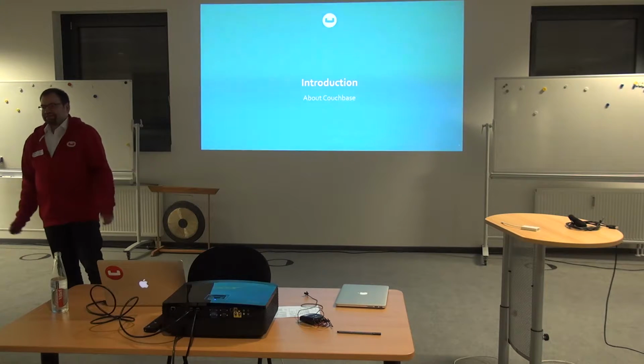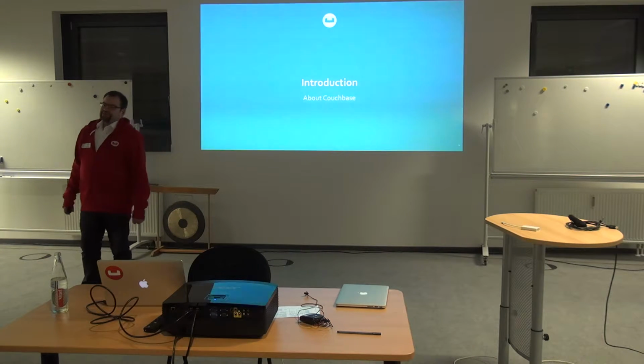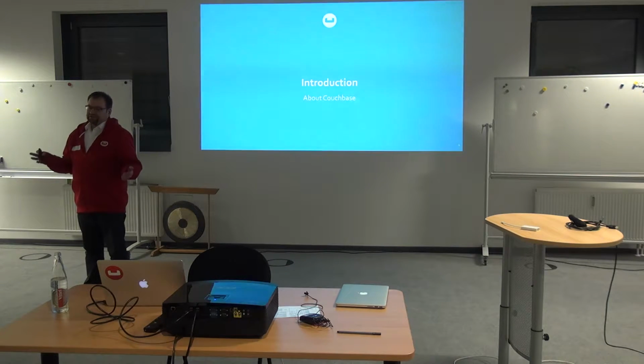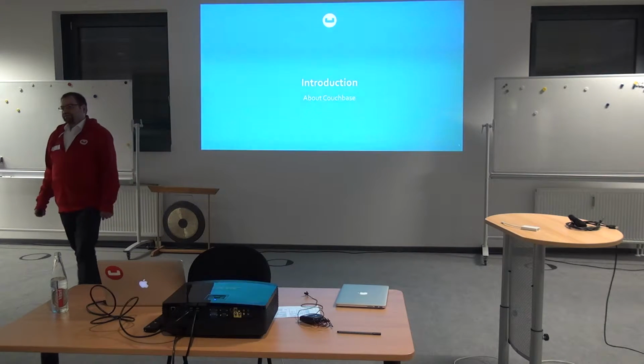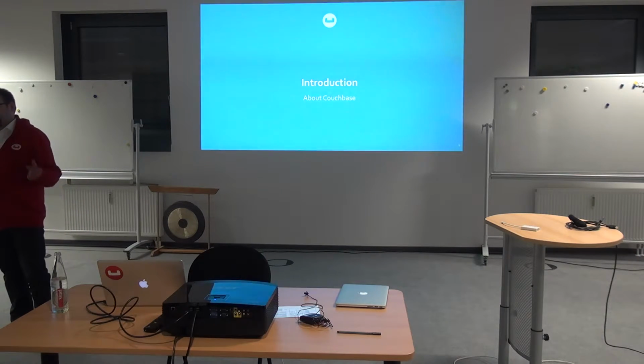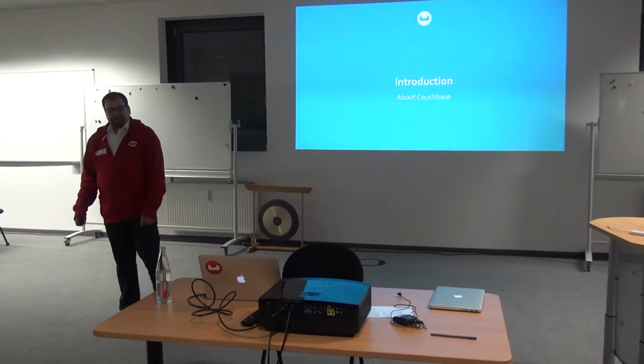Okay, what's Couchbase? So Couchbase is basically, in the first step, an in-memory key value store. It's also actually a persistent key value store, but one of the key use cases of Couchbase is to have a distributed key value store, right?